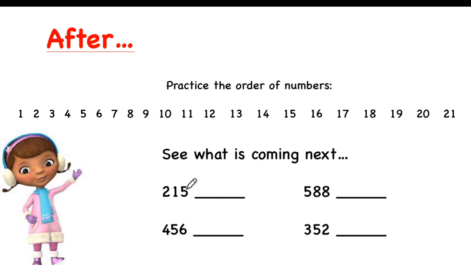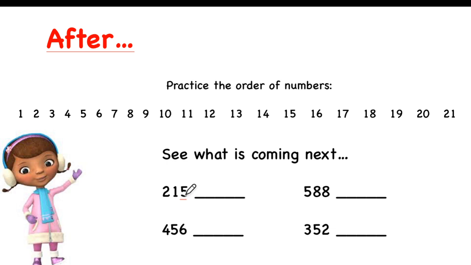215. How do we find the number that comes after? Look at the last digit, the digit in the ones place. It is 5. Now, add plus 1. When you're looking for a number that comes after, you need to add one more. Plus 1.